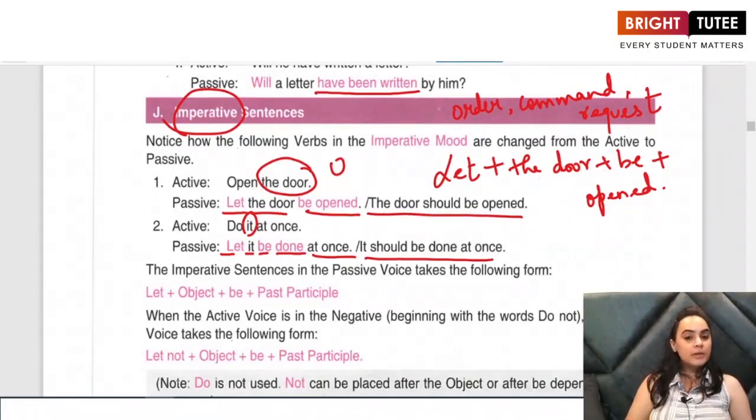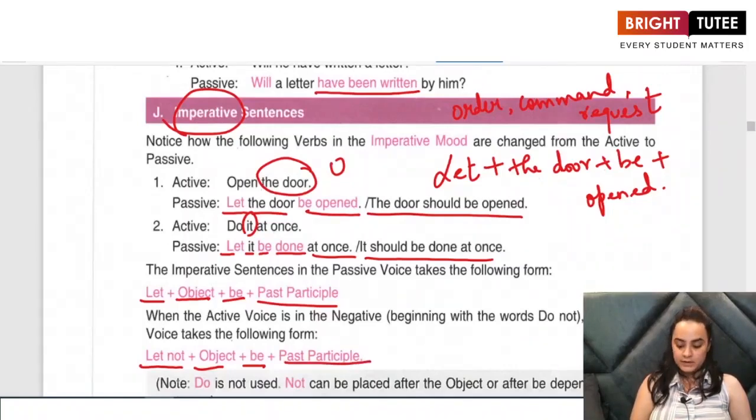So what form does it take? Let plus the object plus be and the third form of the verb. And if my imperative sentence is negative, so let not plus the object plus be plus the third form of the verb.